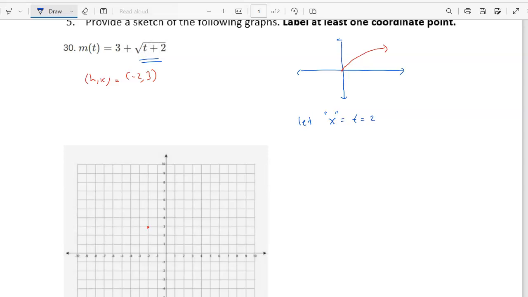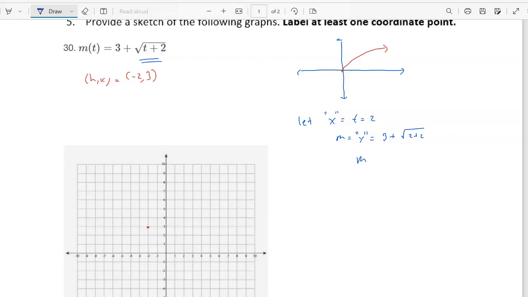Our m value is going to be technically your y's, which in this case happens to be 3 plus the square root of 2 plus 2. So we're plugging in the value there for t equal to 2, or what we usually call the x's.